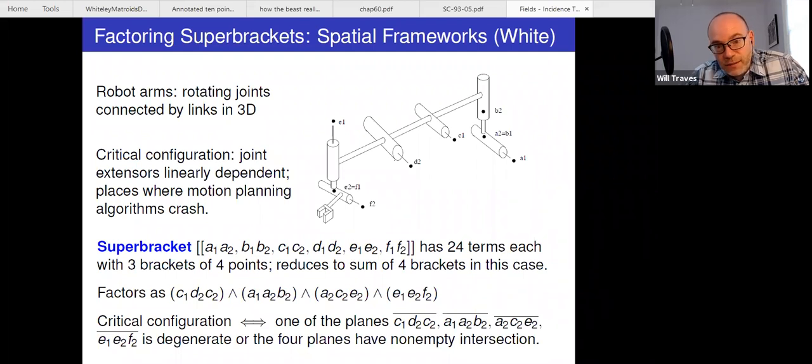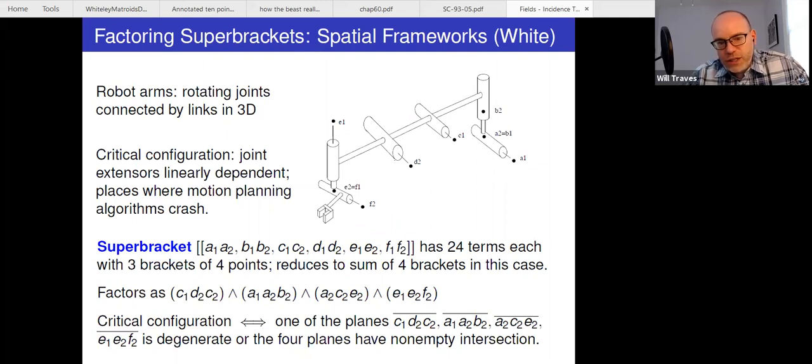You get a point in the second wedge product of C4, which is 6-dimensional. So if 6 of these joints happen to be linearly dependent, that's exactly the situation when these robot motion planning algorithms kind of crash, they fail.